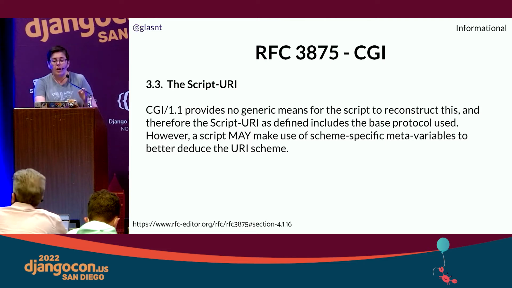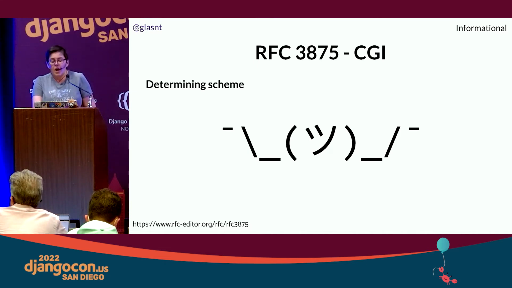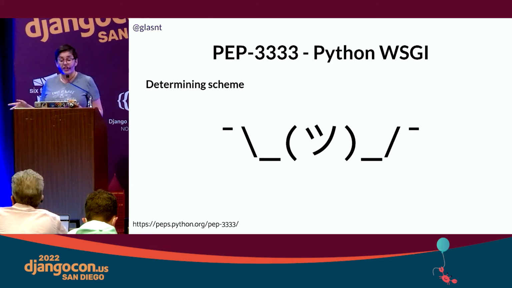Cool. When determining the scheme, the CGI RFC says that a script may make use of scheme-specific metadata variables to deduce the URI scheme, but generally the CGI standard offers no algorithm to determine the scheme, which is fine, that's not really its job. But PEP 3333 also doesn't say how to do this.